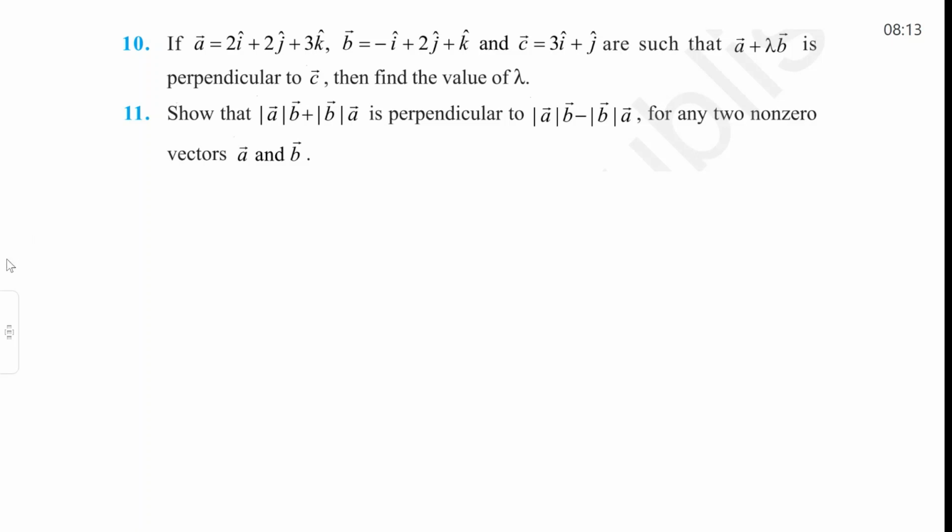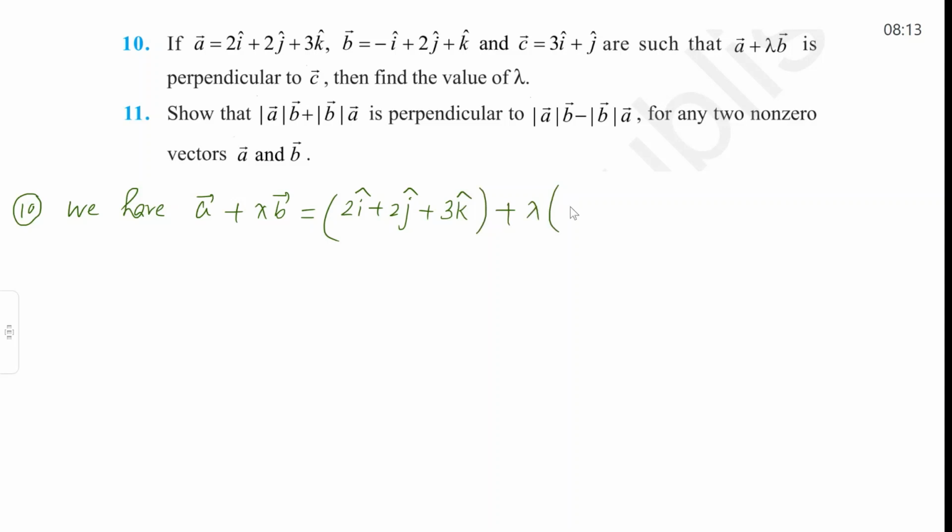So first of all, for question number 10, you first find the vector a bar plus lambda b bar. So we have a bar plus lambda b bar equal to, a bar is 2i cap plus 2j cap plus 3k cap, plus lambda b bar.